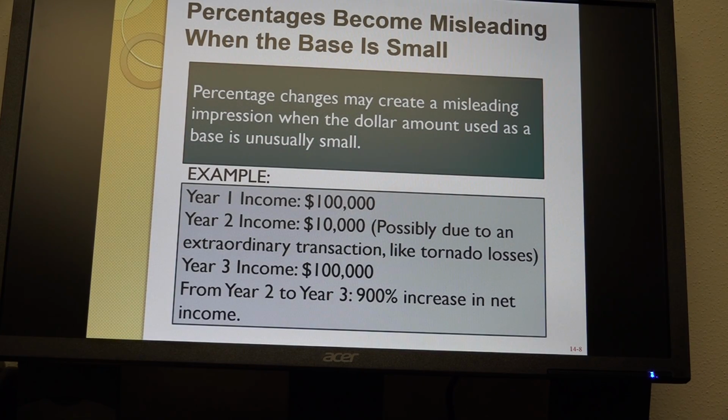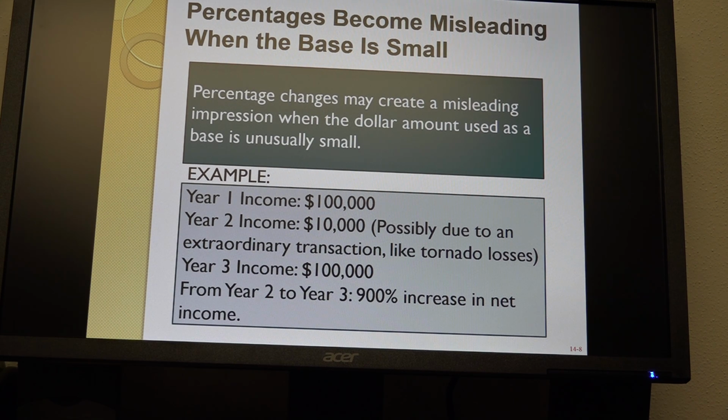And again, when the base is small, percentages can be misleading. And so here you have an example: in year 1, income is $100,000, and in year 2, income is $10,000. Well, you've got a 900% decrease in income, and then next year you go back to the same amount of income as in year 1.